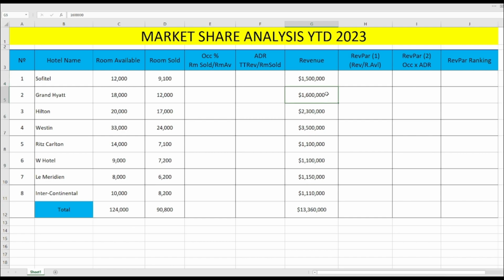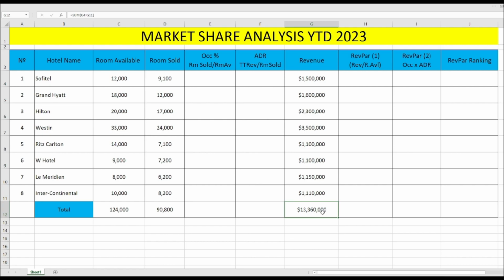Grand Hyatt 1,600,000, Hilton 2,300,000, Westin 3,500,000, Ritz-Carlton 1,100,000, W Hotel 1,100,000, Le Méridien 1,150,000, Intercontinental 1,110,000.